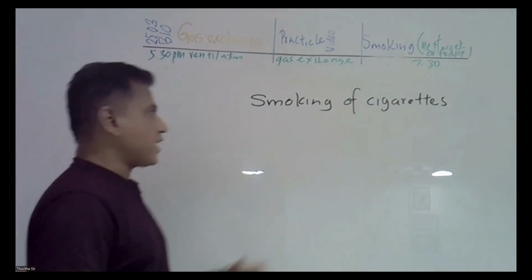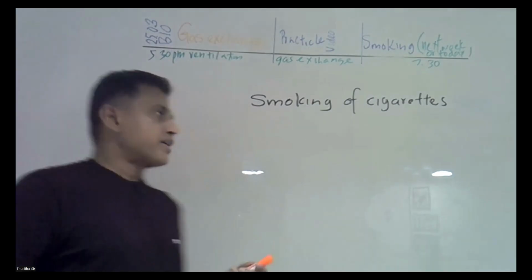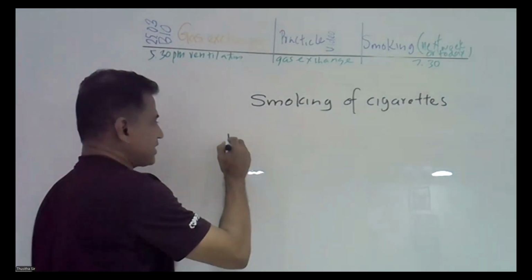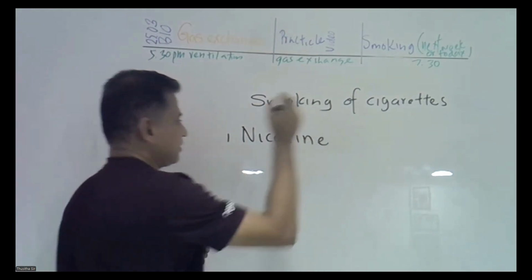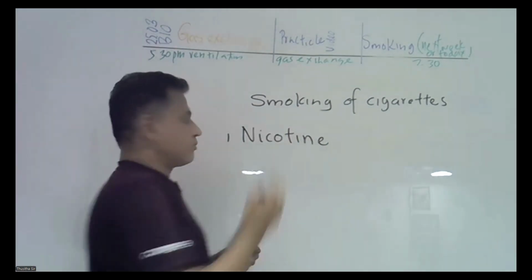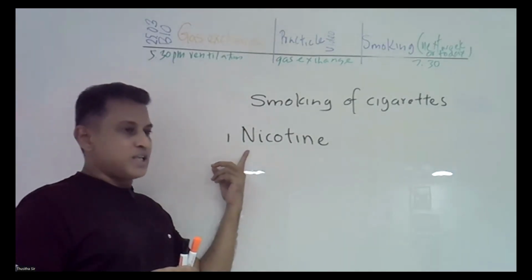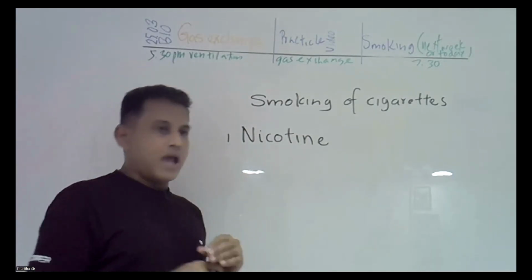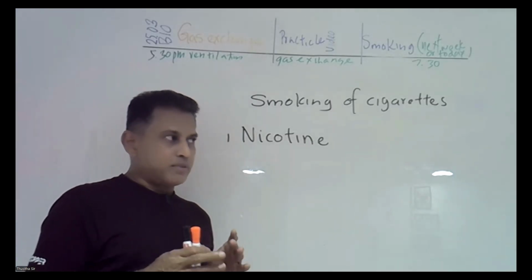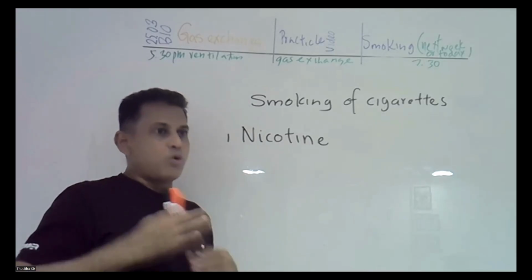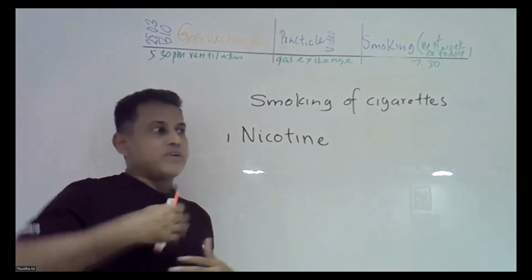Now I will tell you why they use tobacco to make cigarettes. The first chemical is nicotine. Sir, why do they become addicted to cigarettes? Yes, I will explain with this chemical. For example, addiction, right? Addiction is something people try to do more and more frequently, like every day.